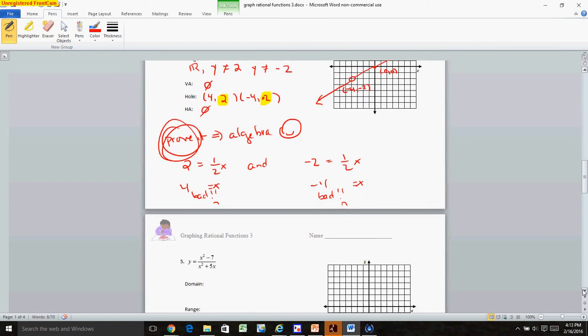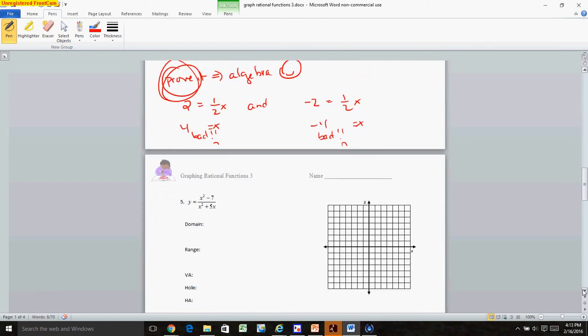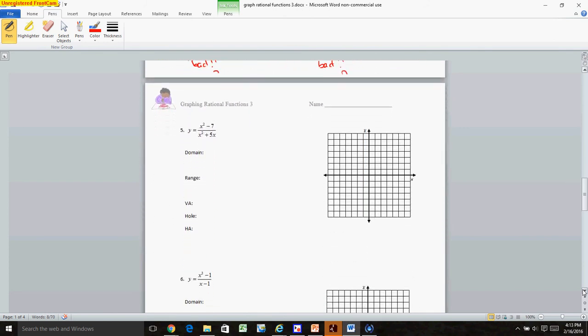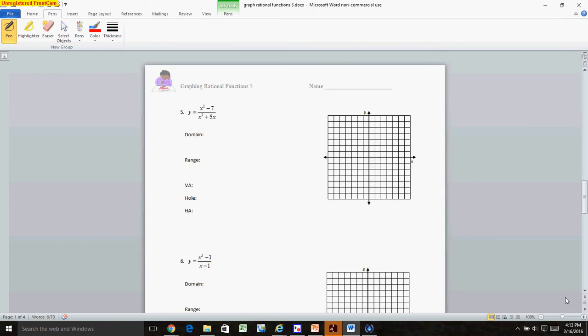Alright, now I'm going to start to throw you curveballs. So there weren't really any curveballs so far, but these next ones are nasty. All 4 of these have something that you haven't really encountered before. So I start to factor the numerator and I realize it's prime.